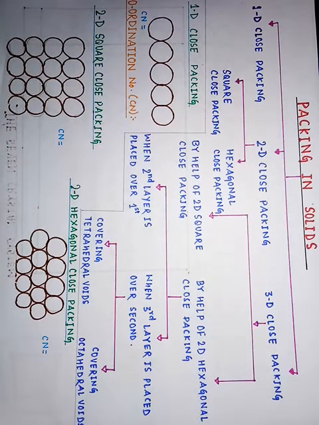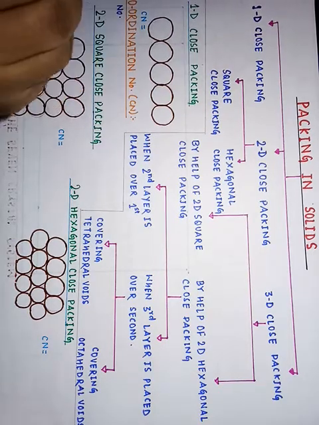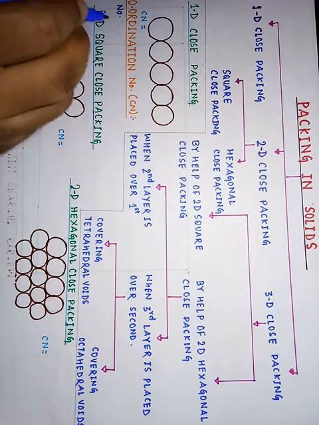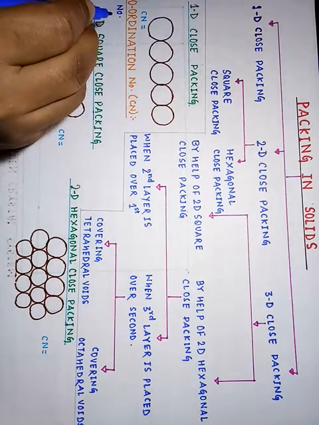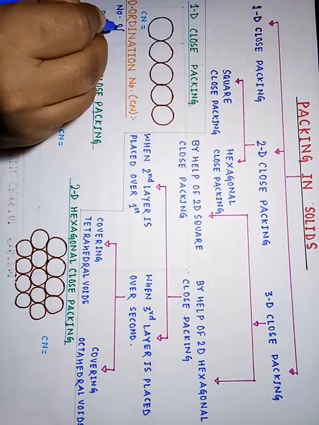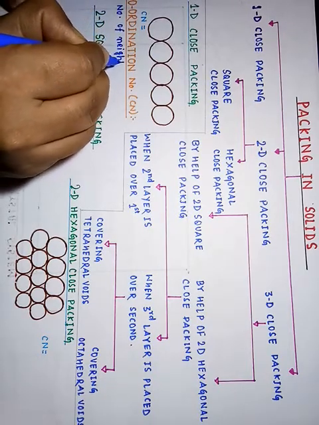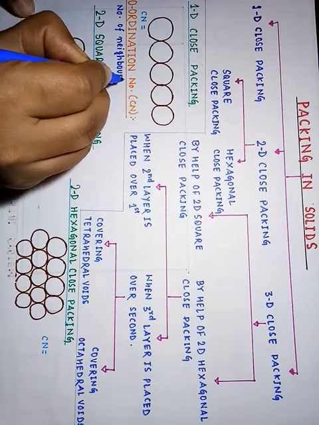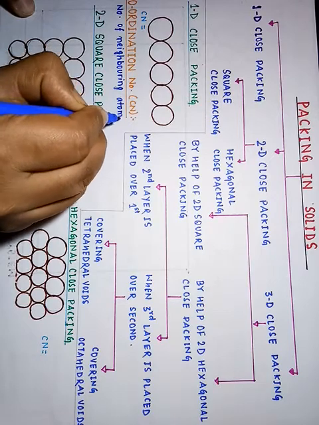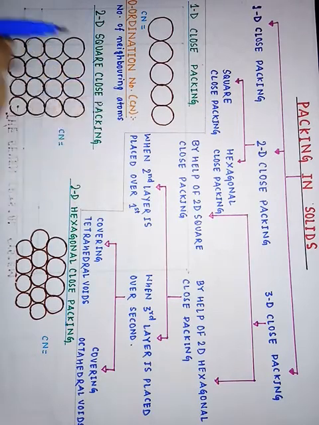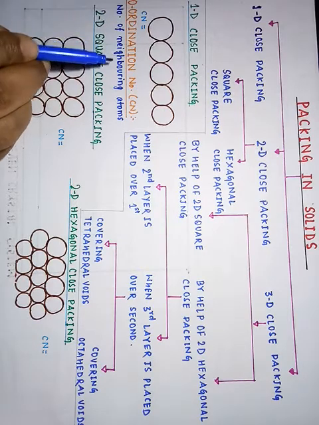Coordination number, represented by Cn, simply means the number of neighboring atoms.